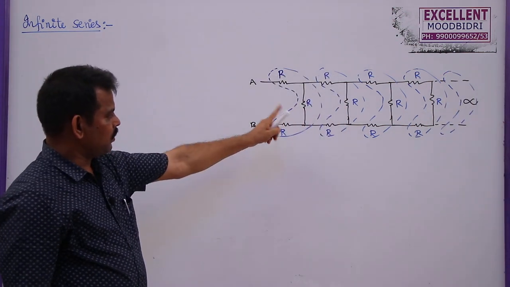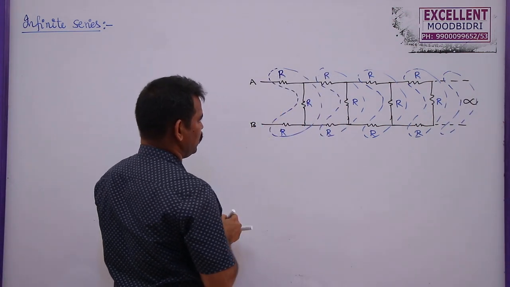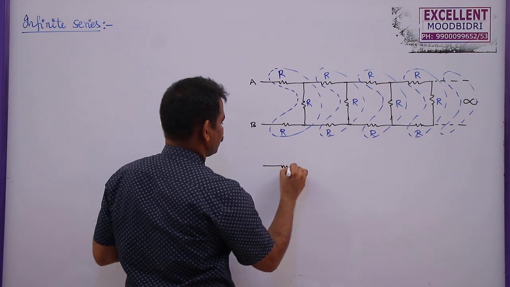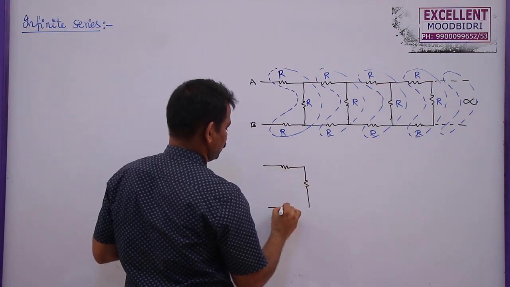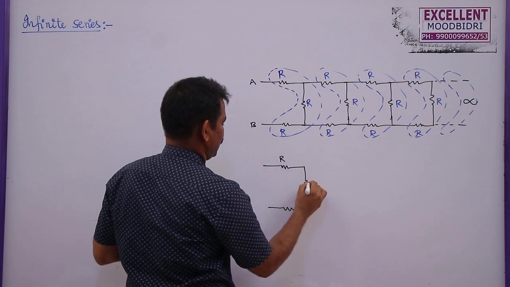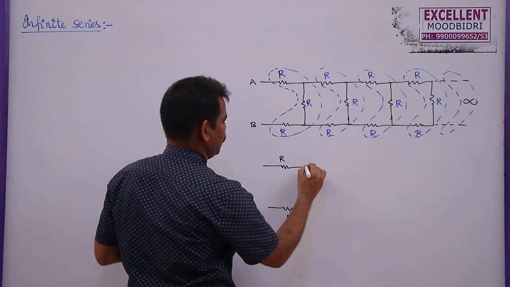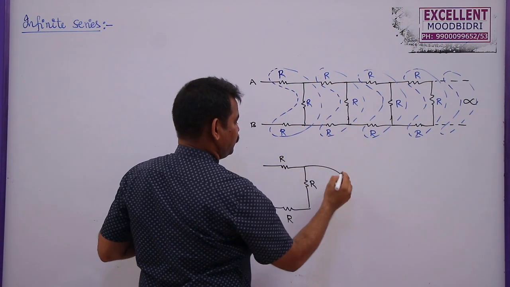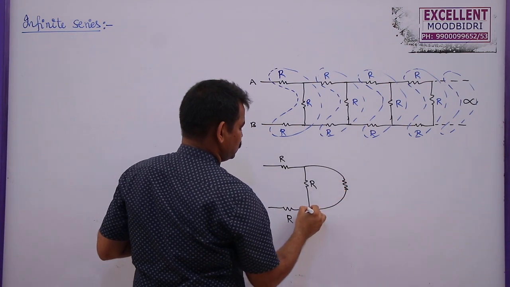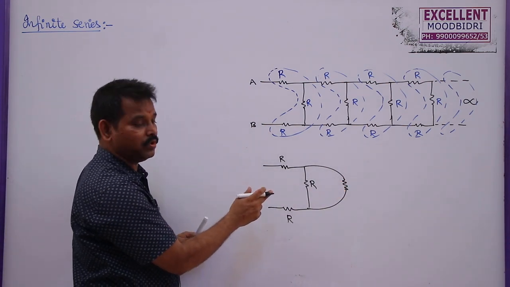So from this, I am going to take only the first one, R, R, R, and the remaining circuit is redrawn by representing only a single one.